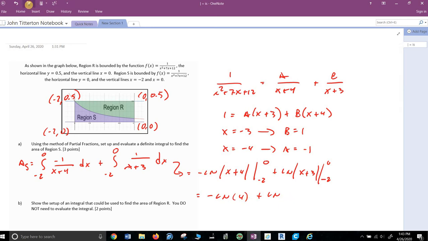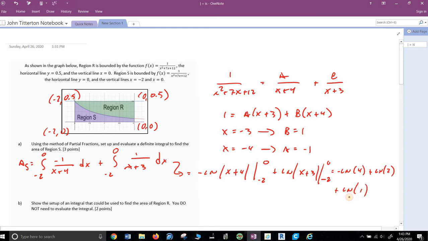Actually, I want to save myself some space here, so equals negative ln of 4 plus ln of 2 plus ln of 1, which is 0.